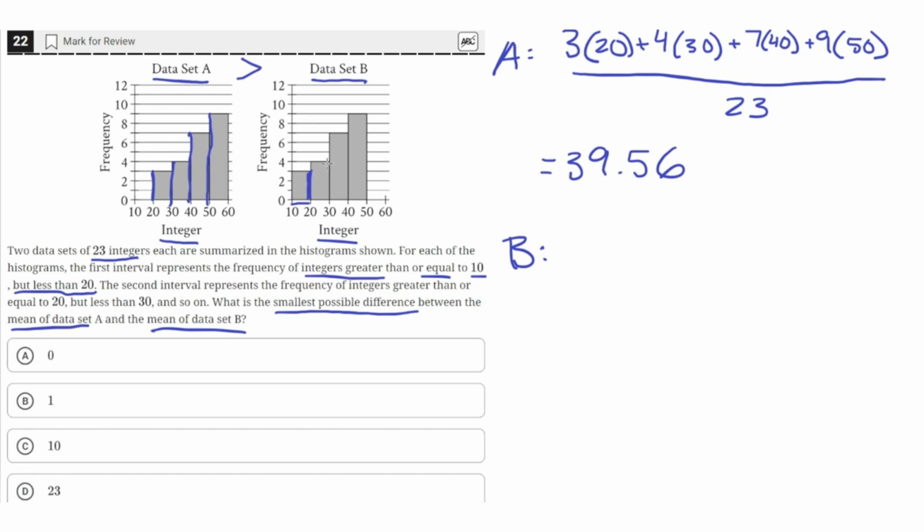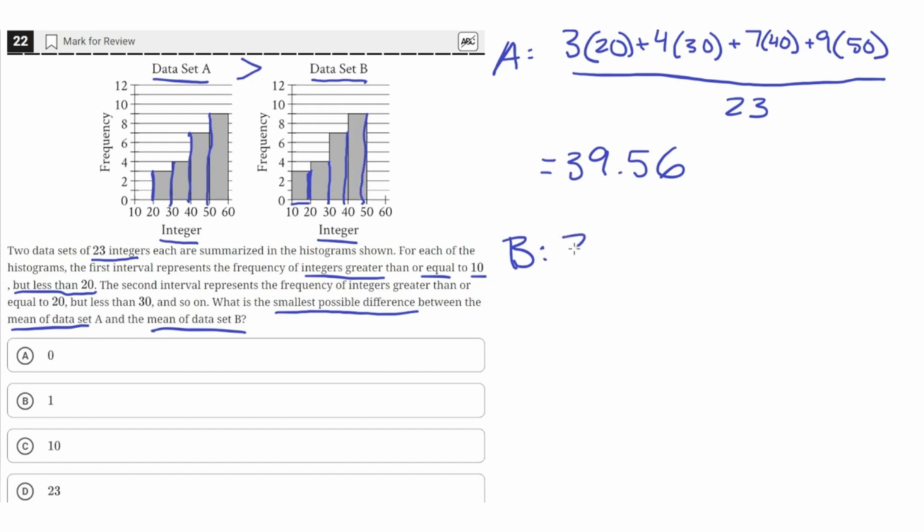And the largest possible in this interval are 29. The largest integers possible in this interval are 39. And the largest possible integers in this interval are 49s. So we'll use those for the means.